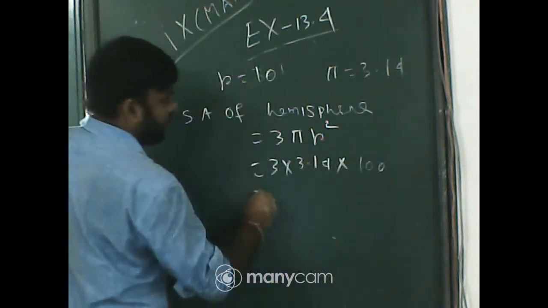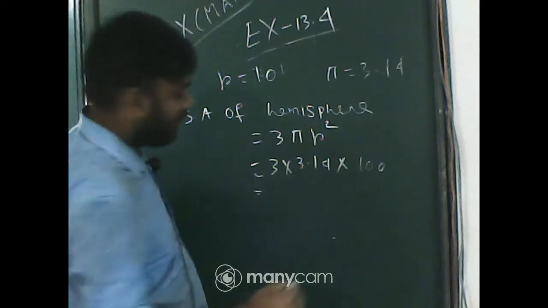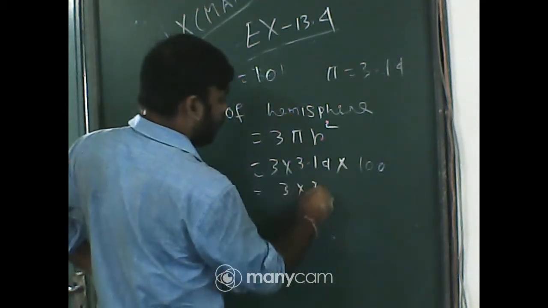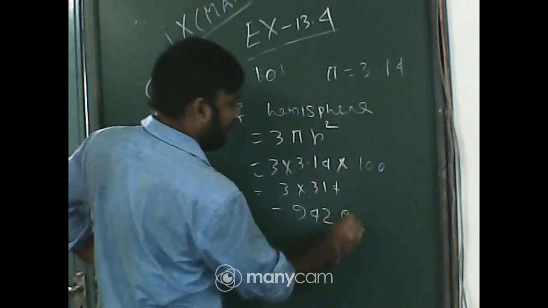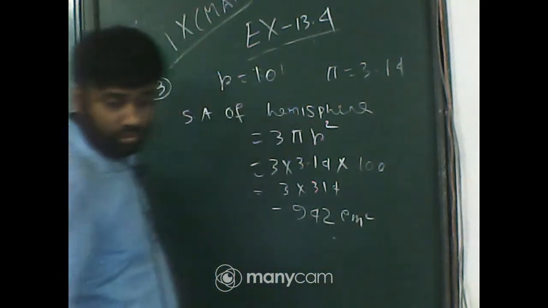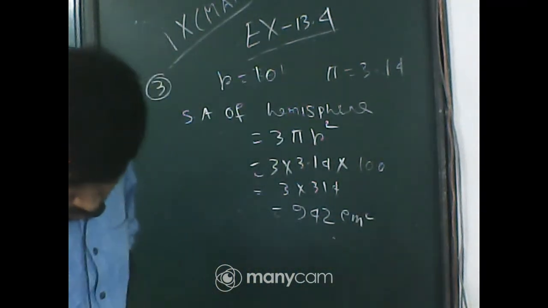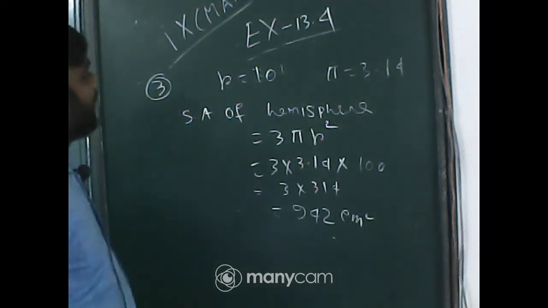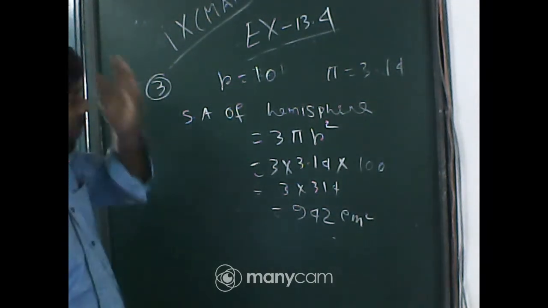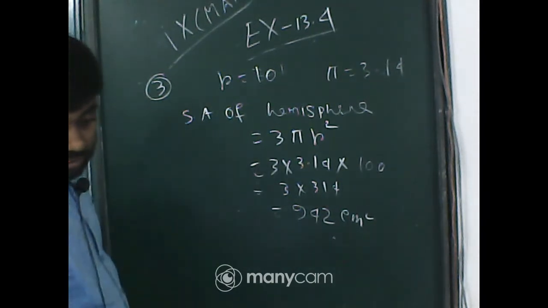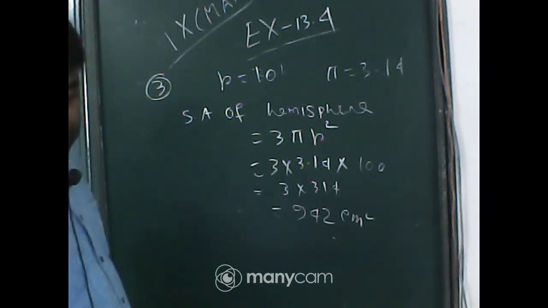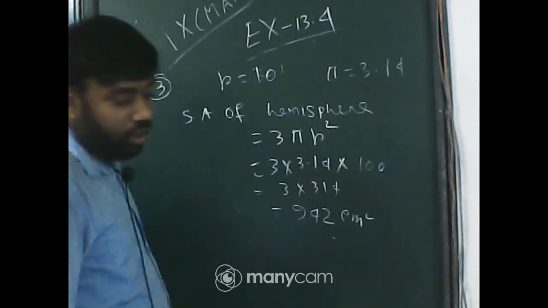Now 3 into 3.14 into 100, it's a very easy calculation, that is 942 centimeter square. The total surface area of that hemisphere is 942 centimeter square. Got it? Okay. Now moving on, question number 4.